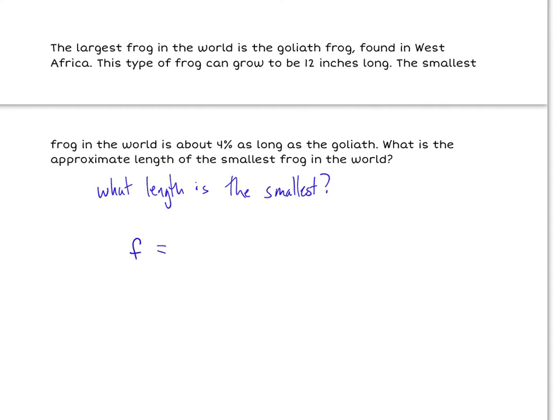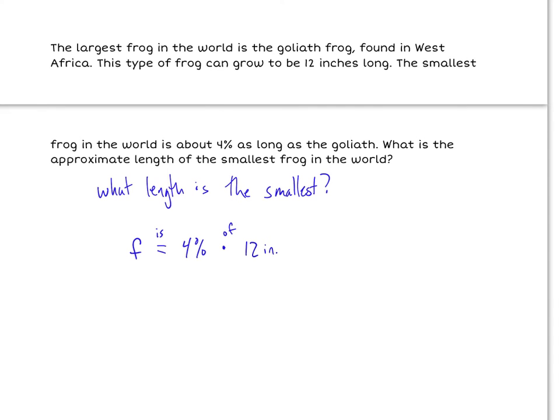So we'll say 4%, and I could have used the word is here, 4% as long as the Goliath, which is multiplication. The Goliath was how long? 12 inches. So we could say inches here if we want. So the smallest frog is 4% of our Goliath frog.